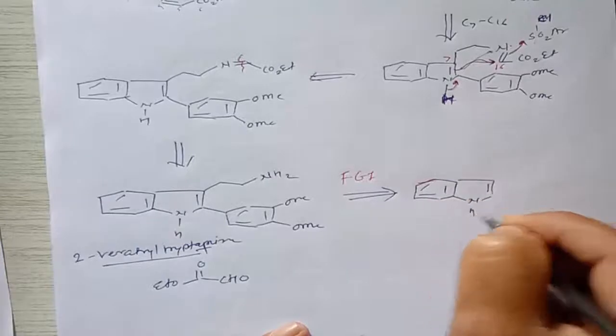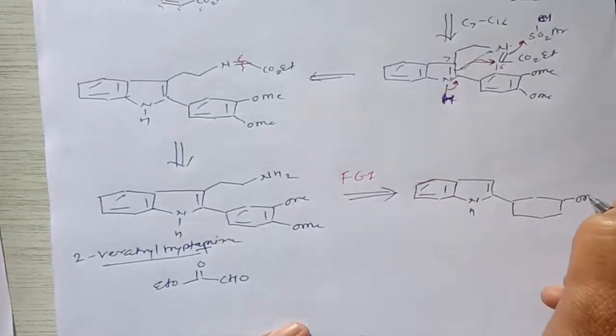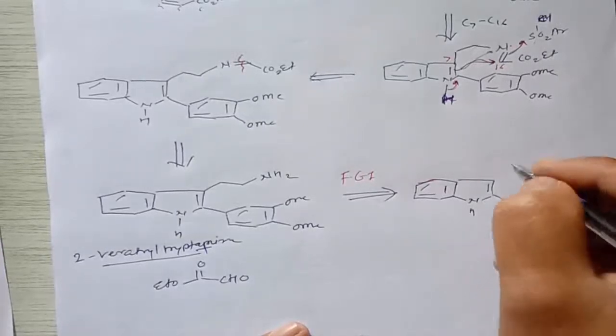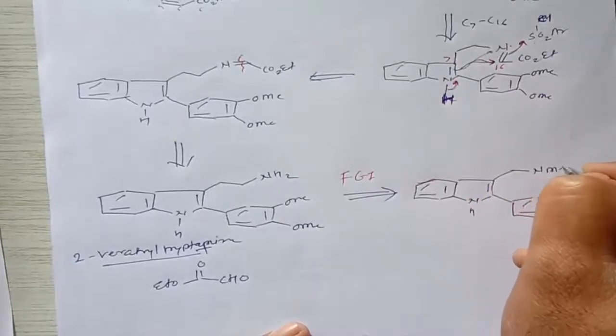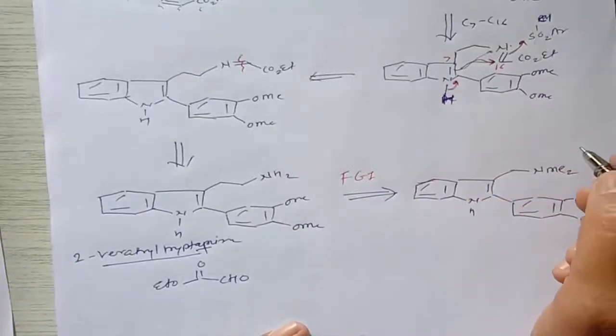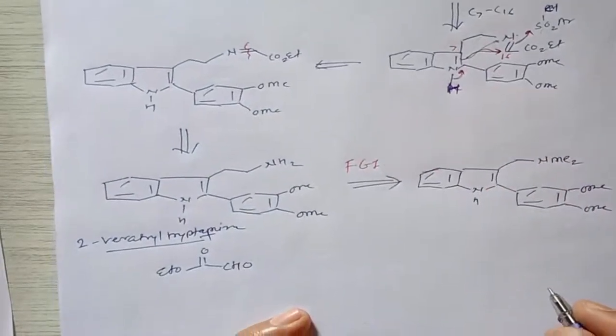Tryptamine is there. Then here is an aromatic ring containing OMe, and then here is CH2 NMe2. That means this is called a rearrangement. We can introduce a carbon group at this position.